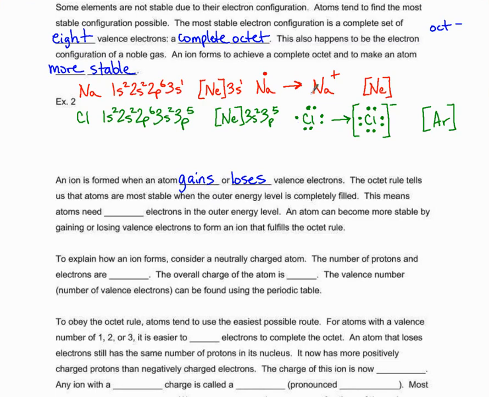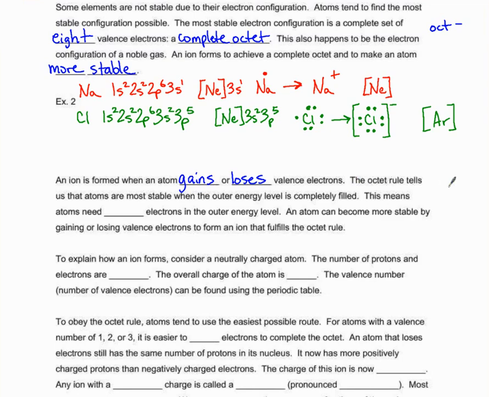It tells us that this sodium ion, which has the electron configuration of neon, which is a very stable configuration, is much more stable than this sodium that has just 1 too many electrons for a stable configuration. So that's what the octet rule is saying.